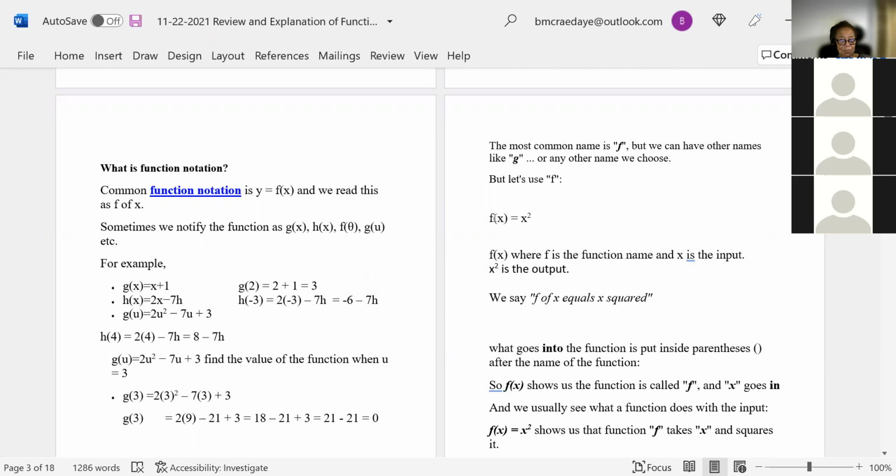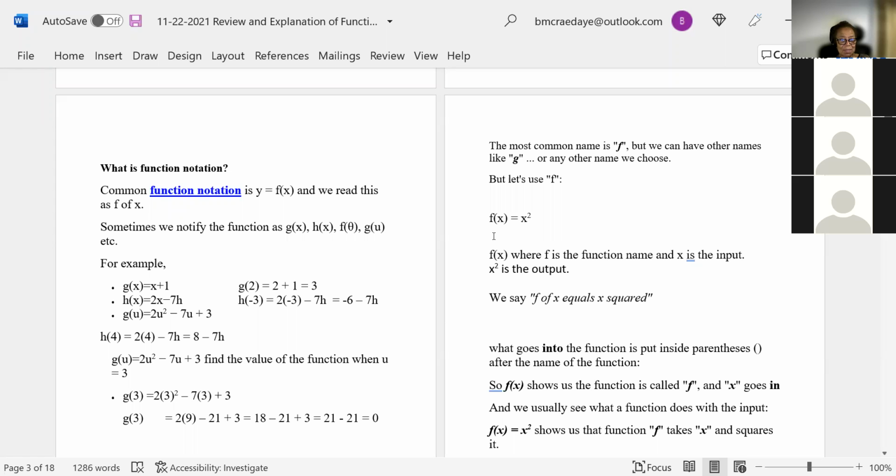Now, here's a function, f of x equals x squared. If I ask you, what's the value of this function when x is 9? What would you tell me, Latoya? 9 squared. That's right.